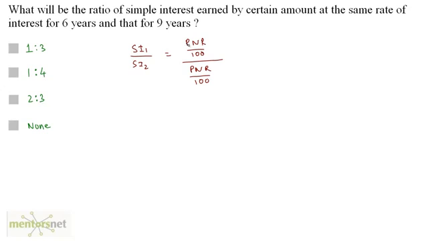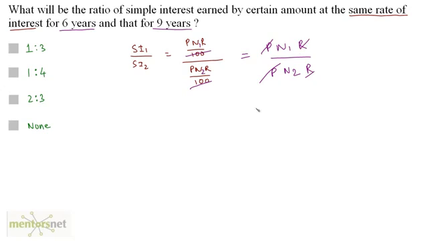Now the principal is basically the same, and it is said that the rate of interest is also the same. So again R is the same, and we have been given two different time periods. So this is n1 and this is n2. So if we cancel out the denominators, we have Pn1R upon Pn2R.